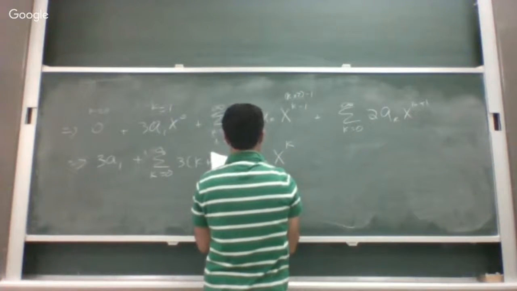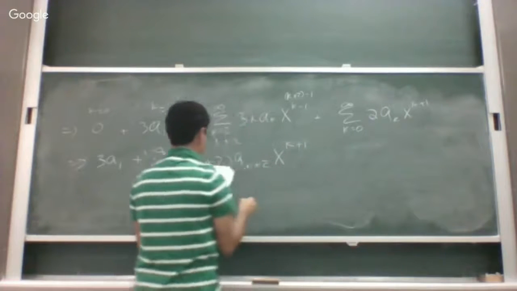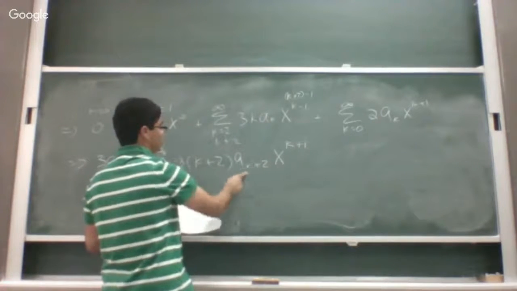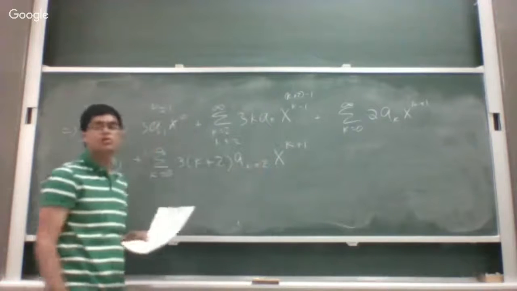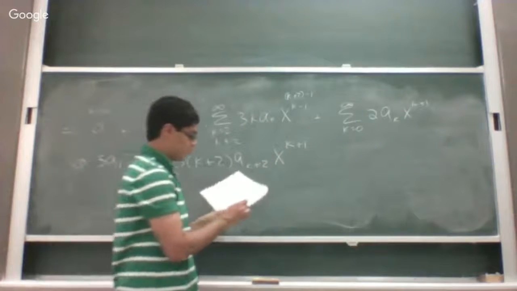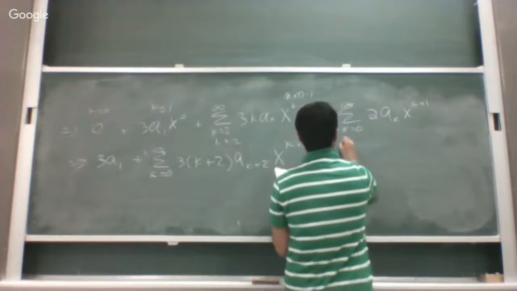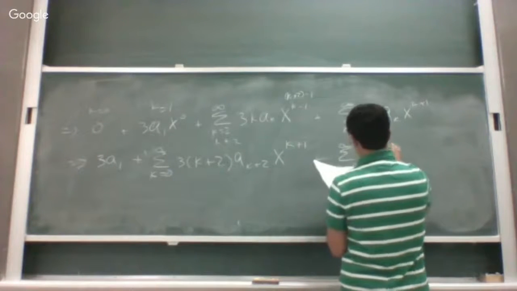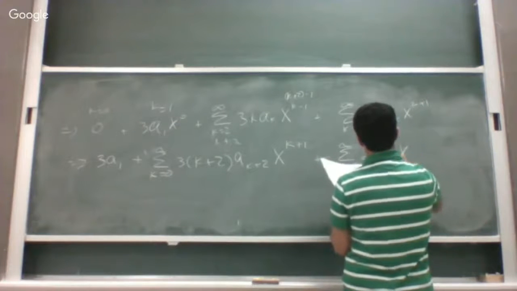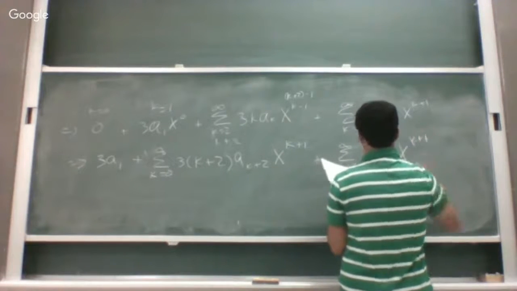So we have k plus 1 here. Don't forget to make this a sub k plus 2 also. Don't just leave it as a sub k. And then the second part is the summation of k equal to 0 going to infinity of 2 times a sub k times x to the k plus 1.